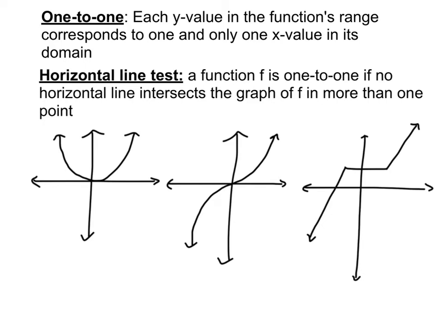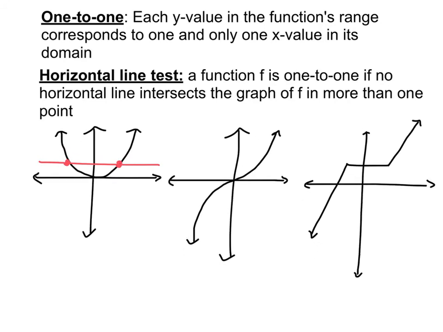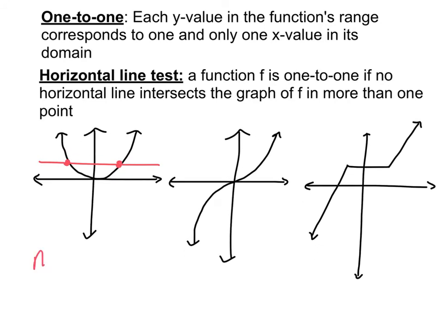And so we can see here, this first example does not pass the horizontal line test. If you were to draw a horizontal line, you would go through the graph at more than one point. So this is not one-to-one.